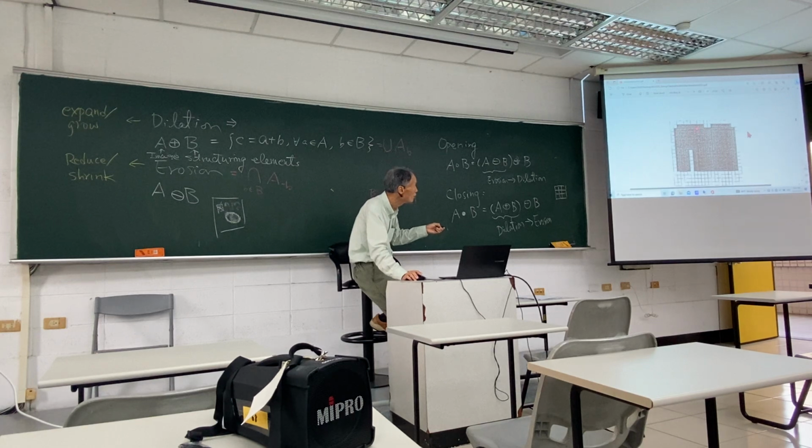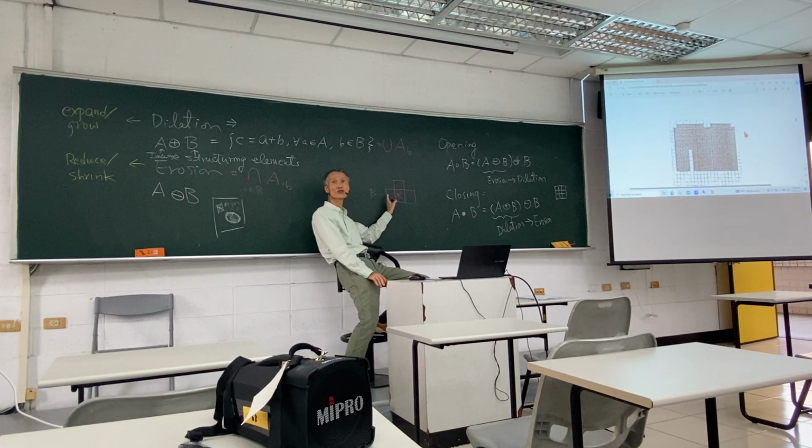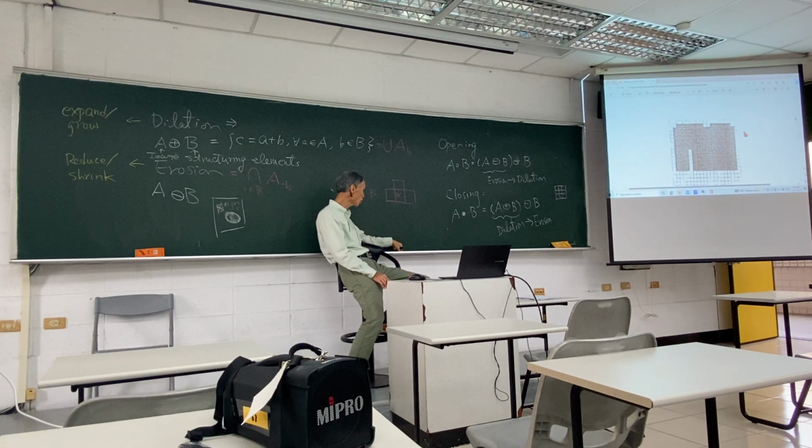Why is it empty? Why is the corner not filled? That's because of the structural element you use. There's no way you can fill it. But if you want, you can use something like this, and then you will fill this empty space.